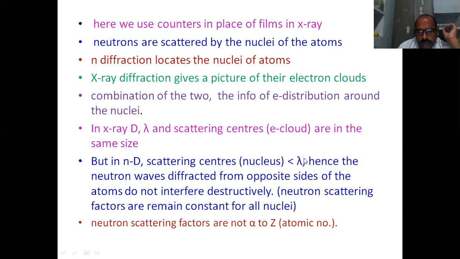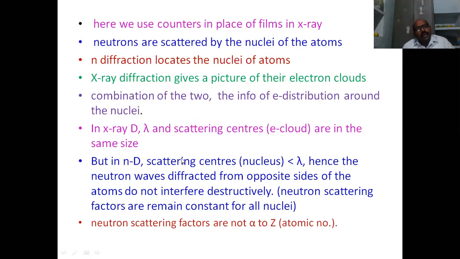Totally, the scattering centers are much smaller than the wavelength. Hence, the neutron waves diffracted from opposite sides of the atoms do not interfere destructively. Therefore, neutron scattering factors remain constant for all nuclei.